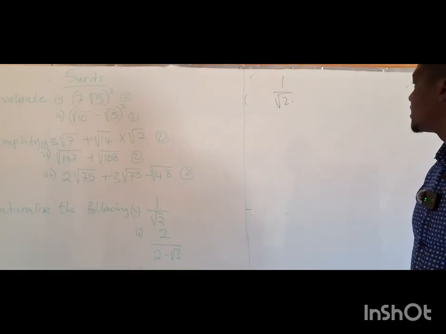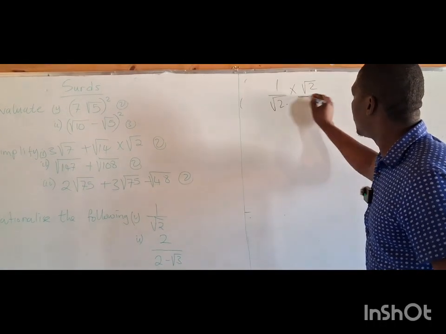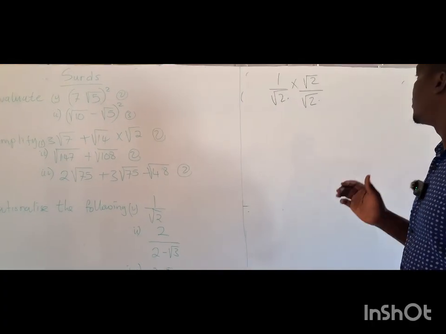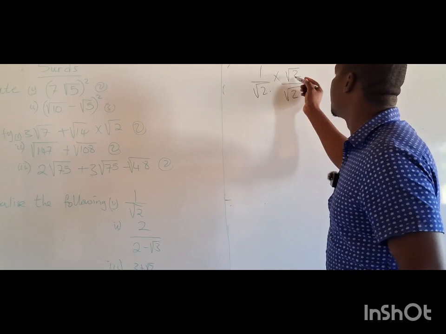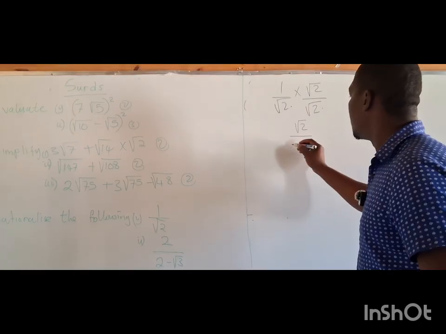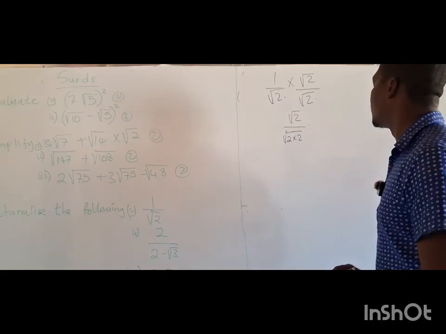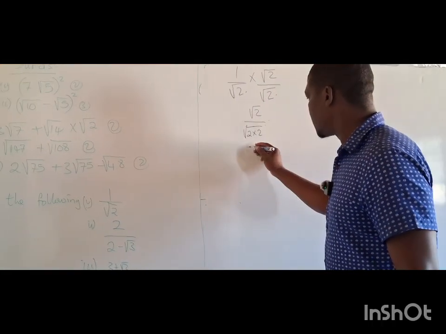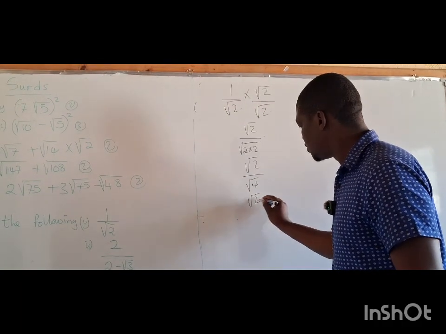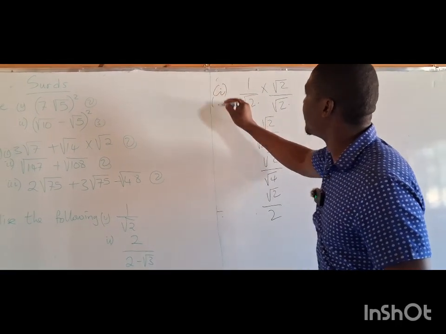So if the question says rationalize 1 over root 2, we multiply both sides by root 2 over root 2. Right, so we are saying 1 times root 2, we are having root 2 over root 2 times root 2. Yes, you can combine it on the same root. So we are saying it's root 2 over root 4, which gives us root 2 over 2, which is our answer there.